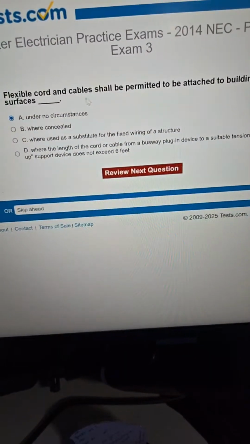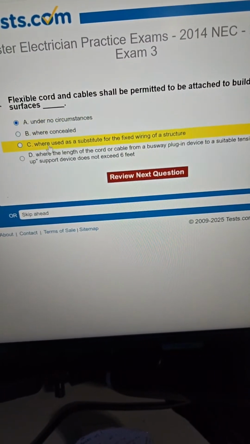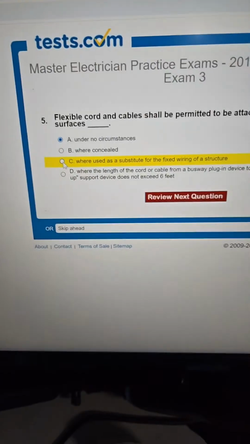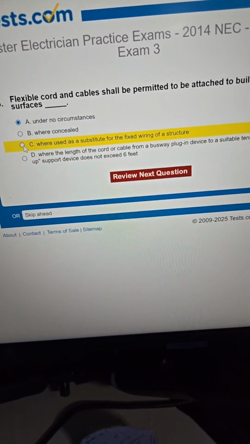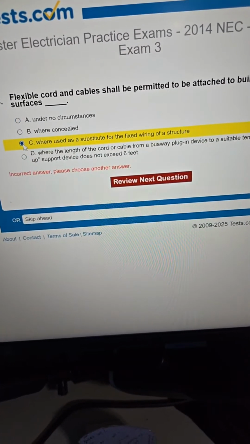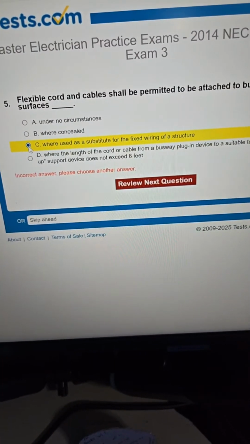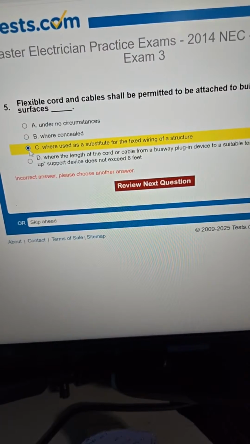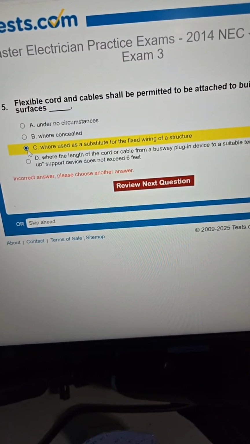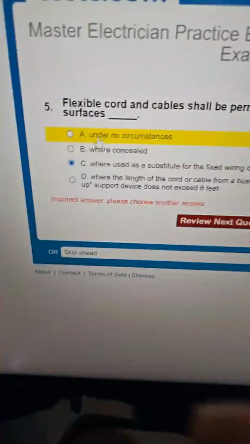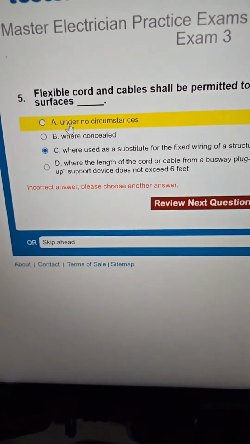Flexible cords. Okay, so it's going to be this one, and I'll tell you why. Okay, shows how much I know. Well, you definitely can't conceal them. So, dude, this is such a trick question.